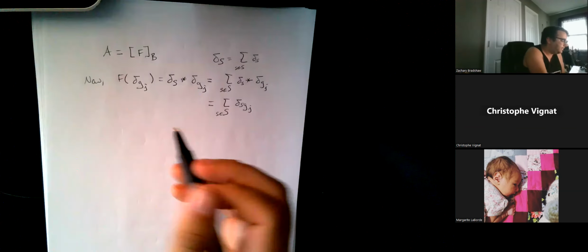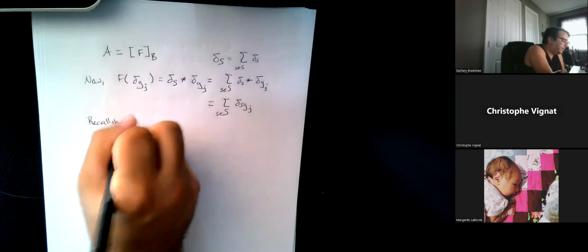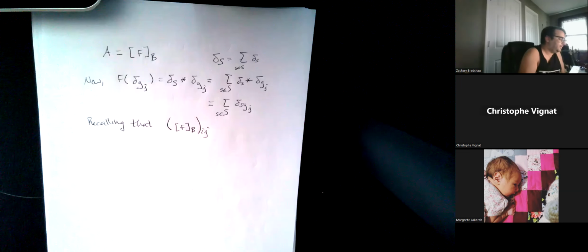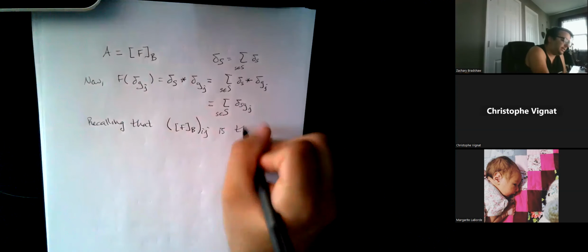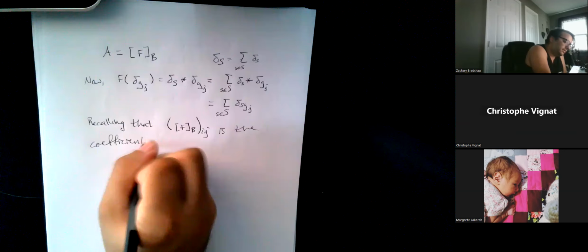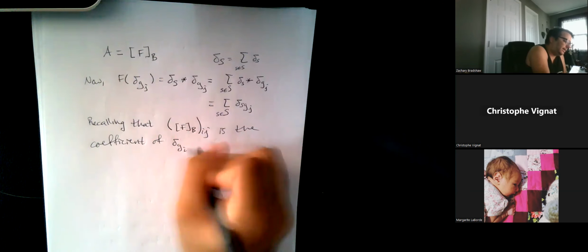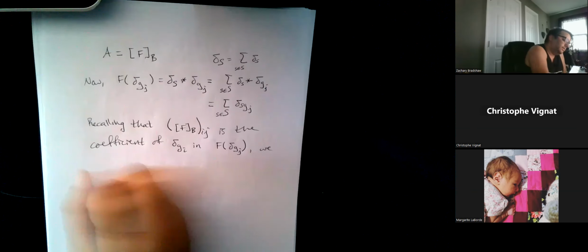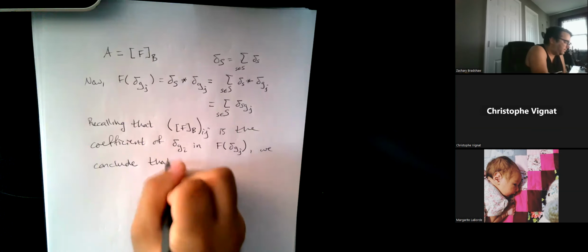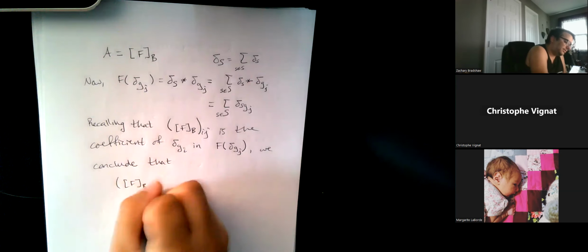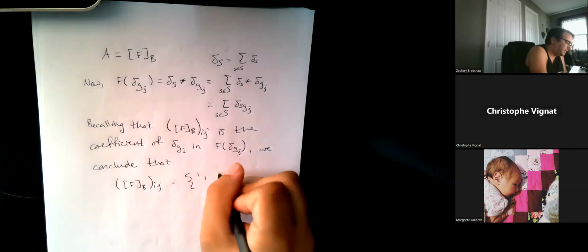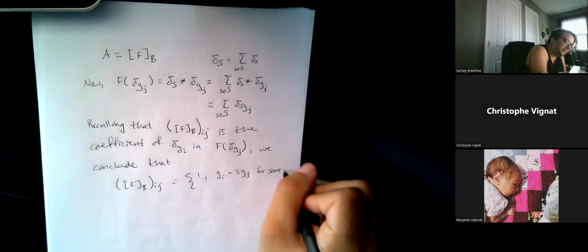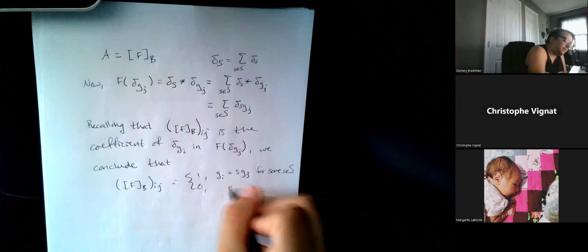Okay, so by recalling that the ij entry of this matrix is the coefficient of delta gi in F of delta gj, we conclude that this coefficient is equal to 1 if gi is equal to s gj for some s in our symmetric subset and 0 otherwise.